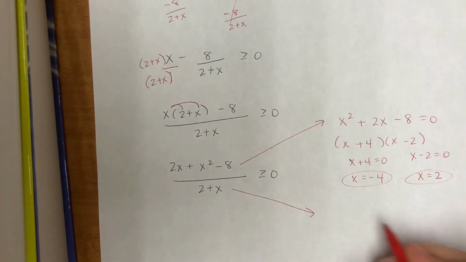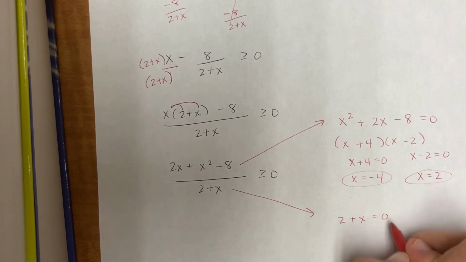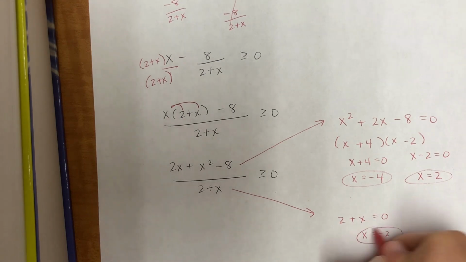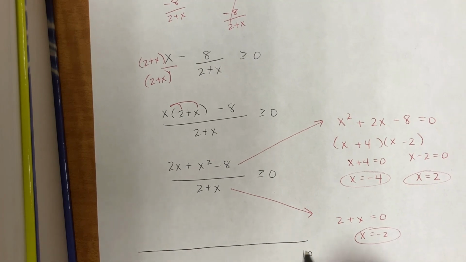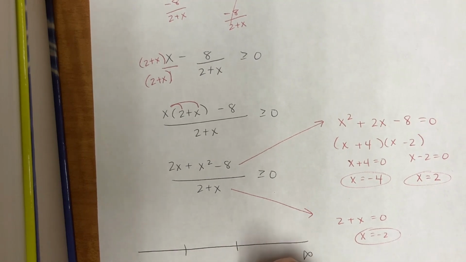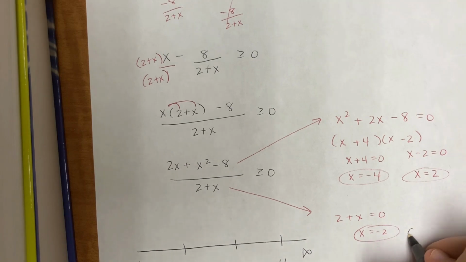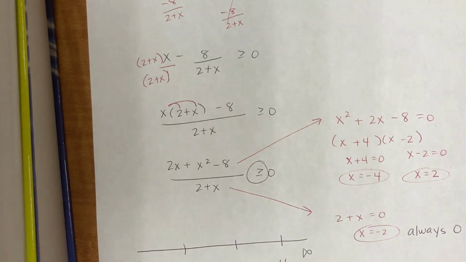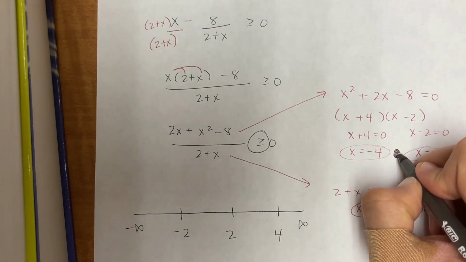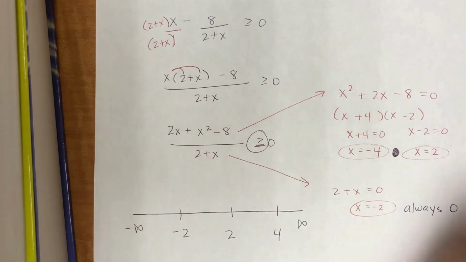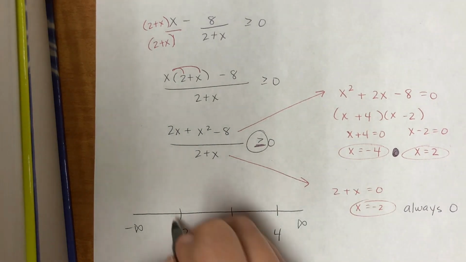All right, the denominator also needs to be set equal to 0 and solved for x. Now plot on a number line. Remember, the denominator is always an open circle, and the top depends on what symbol they give us in the problem. This one is a greater than or equal to, so I need closed-in dots there.